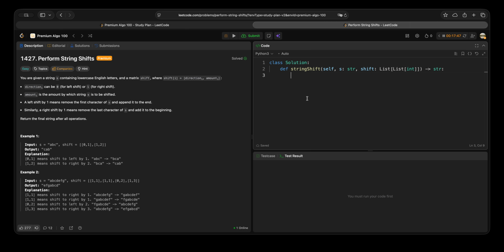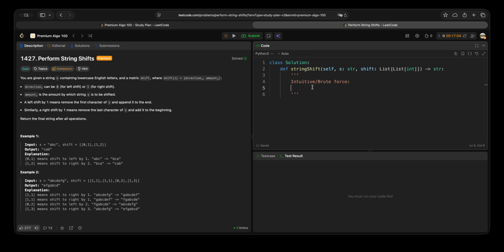Intuitively, this question is not super hard, as we can see that the logic is pretty intuitive. So we can have an intuitive, or let's say a brute force, approach. What is the brute force approach? We can iterate through the entire shift, and once we see one of the components, we just do the operation, because the operations are quite simple.